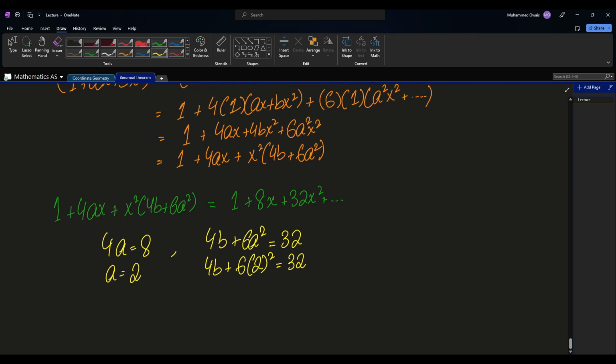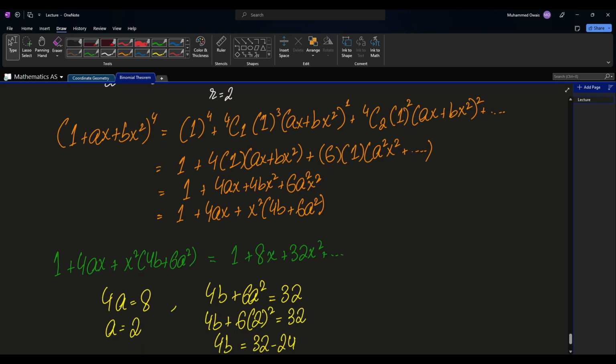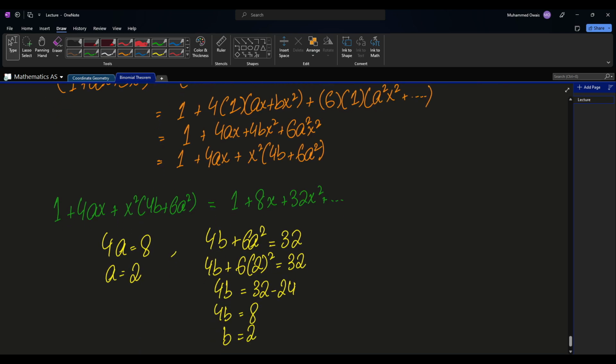And this gives us 4b equals to 32 minus 6 into 4, which is 24. So 32 minus 24 is 8. So 4b equals to 8. Therefore, b is also equals to 2. And this is how we found a and b using the comparison method.